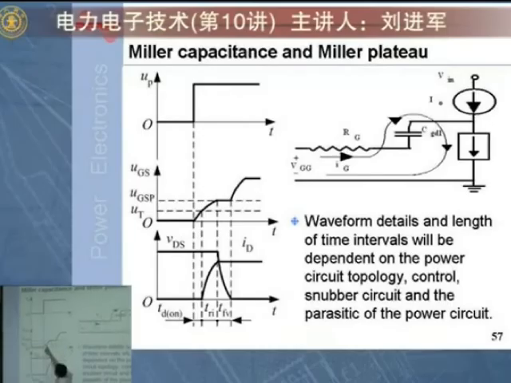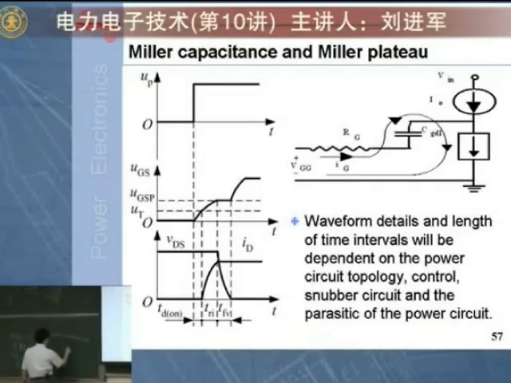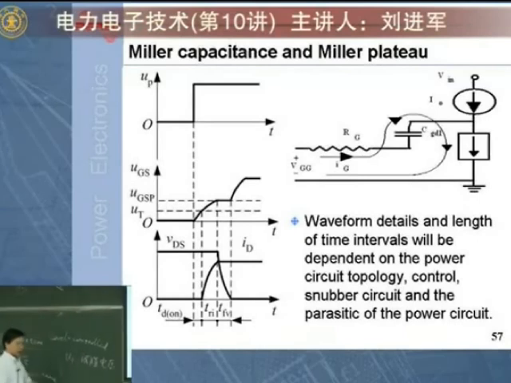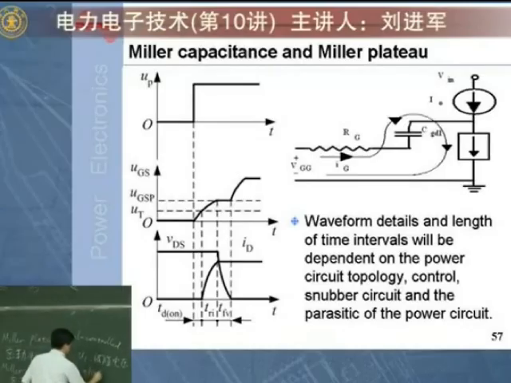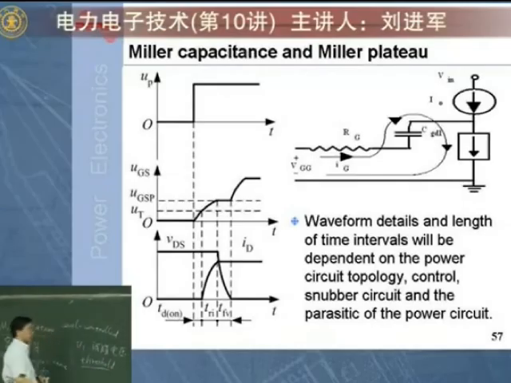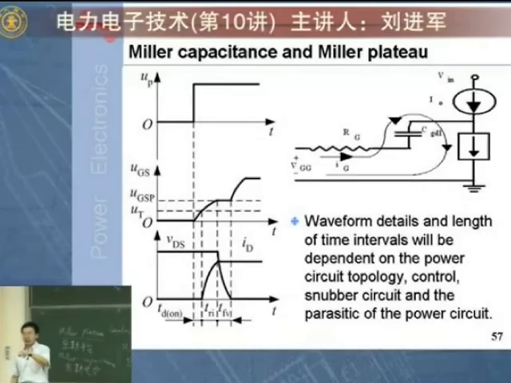After this gate voltage, the GS voltage, has become higher than a threshold voltage, UT, the channel in the P layer will be established.